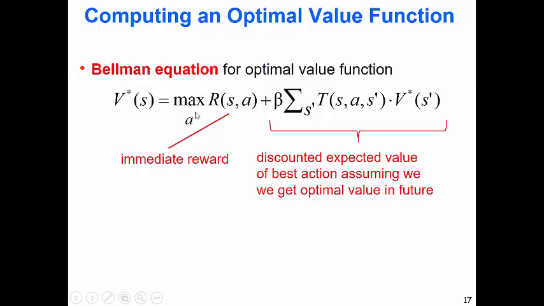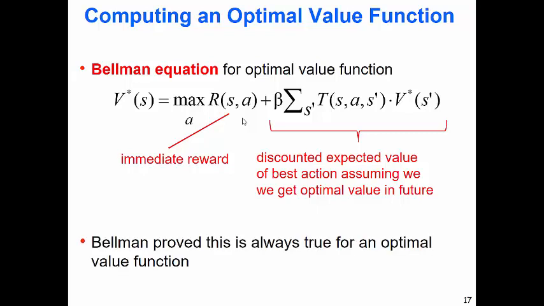It's kind of a piecewise equation with respect to A. So we're not going to be able to use a simple matrix inverse. So we're going to have to do something else. And the something else is going to be called value iteration. We'll end up with an iterative process that's going to iteratively change a value function until it satisfies this equation. And we're going to look at that now.